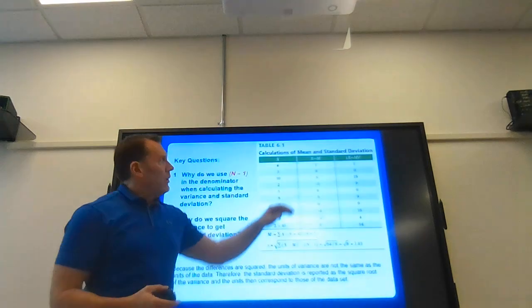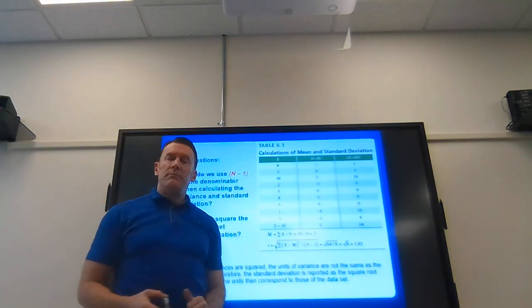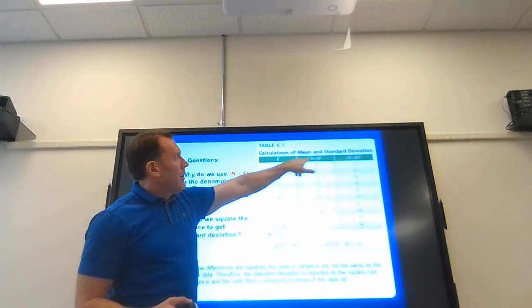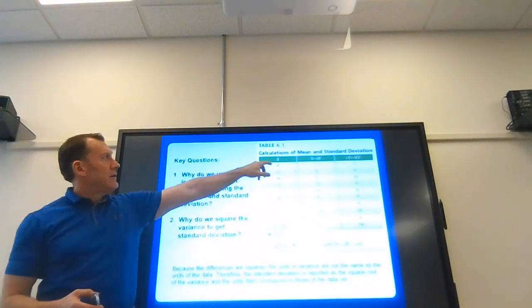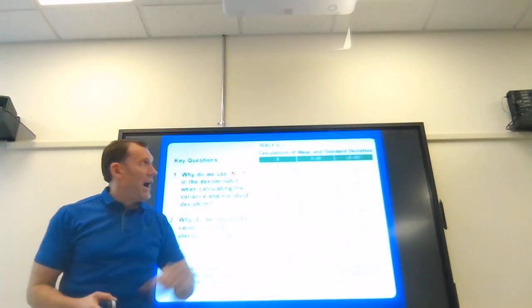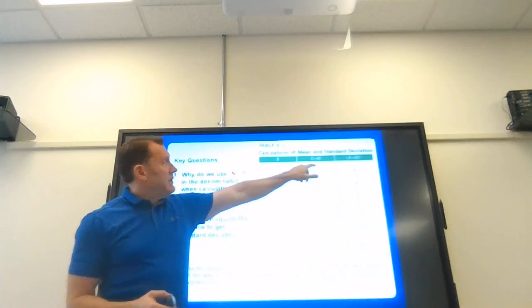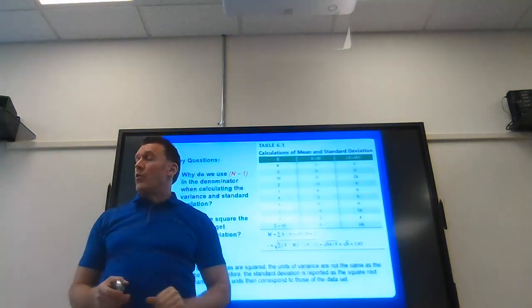So what we want is the difference of each score from the mean. You're taking the score and you're subtracting the mean. In this case, the score is 6 and the mean is 5, so the difference between this score and the mean is 1.